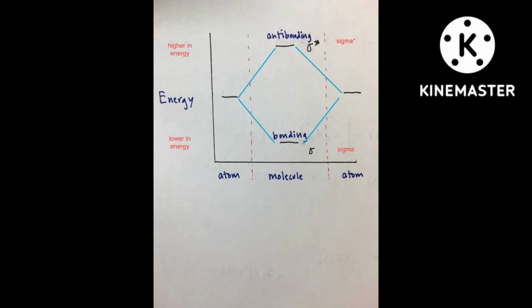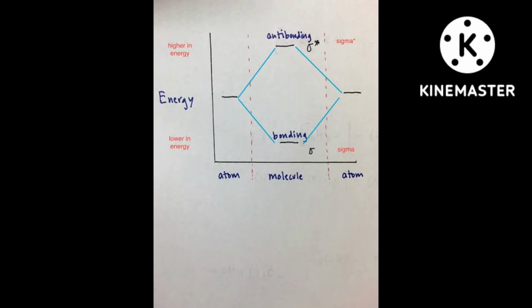When they add, their energy will be less than these two orbitals. Because they are adding between the nuclei, the nuclear repulsion will be less. Repulsive force will be less, which means energy will also be less.